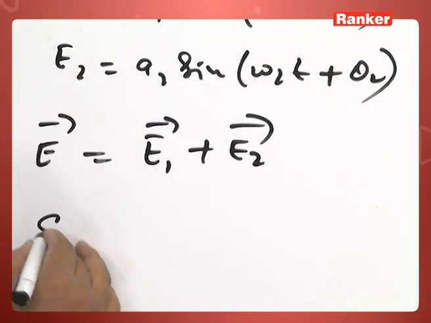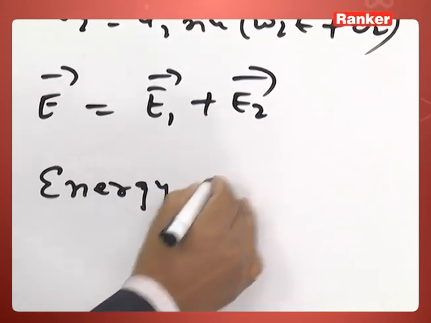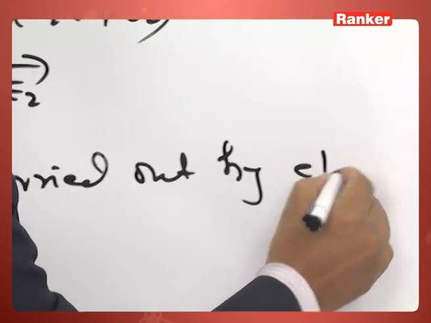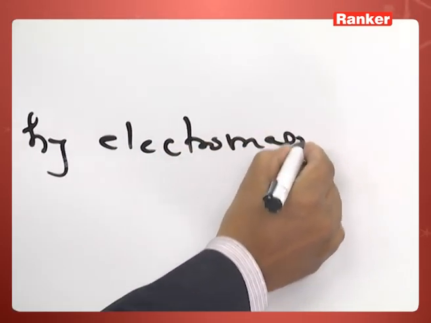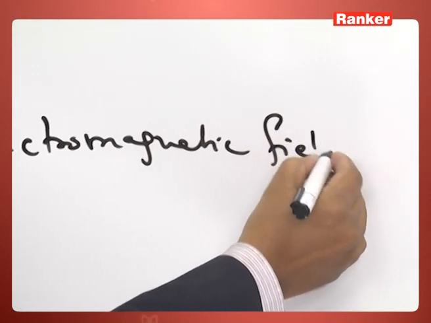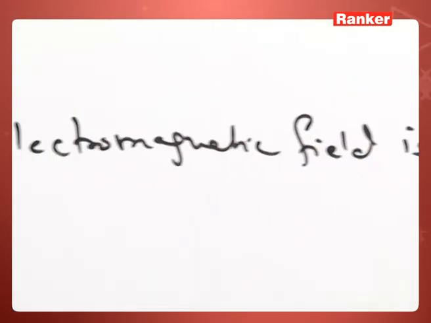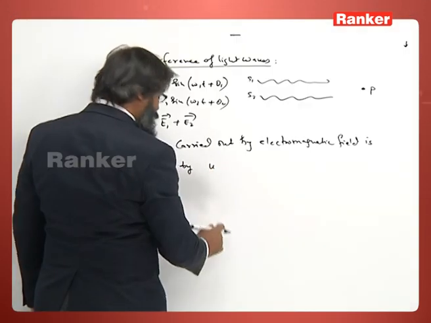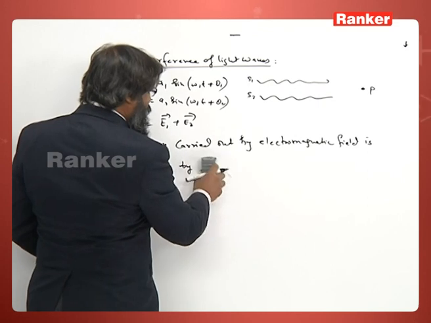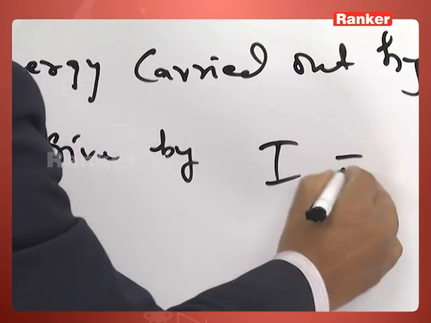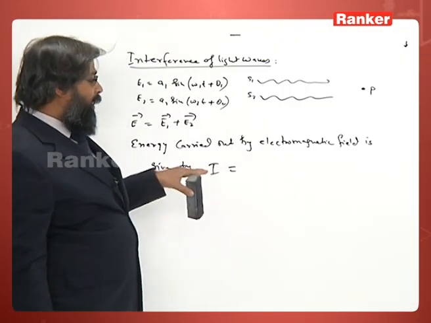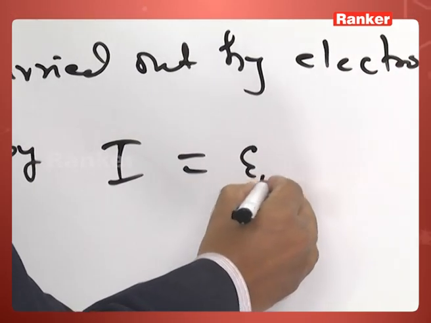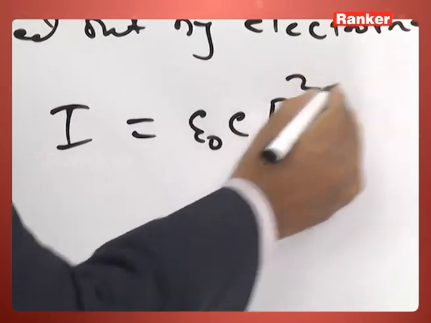So, for energy, we will use this property that the energy carried by the electromagnetic field is given by the energy density, that is, we will call it I, intensity of light, or in electromagnetic waves we call it I, in optics we call this irradiance, and it is epsilon naught C E square.